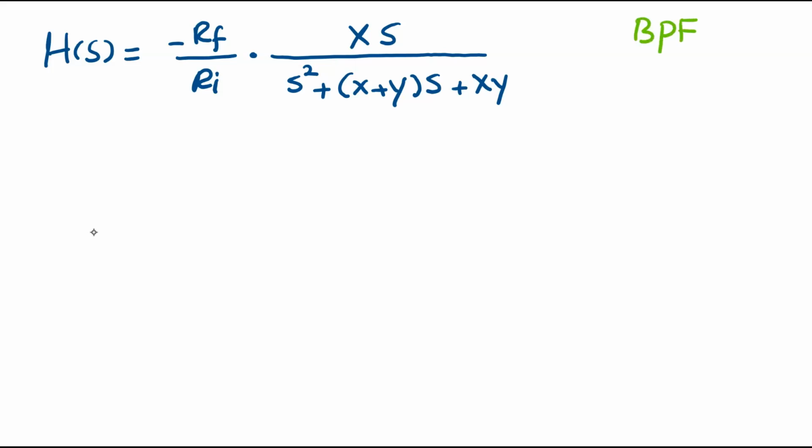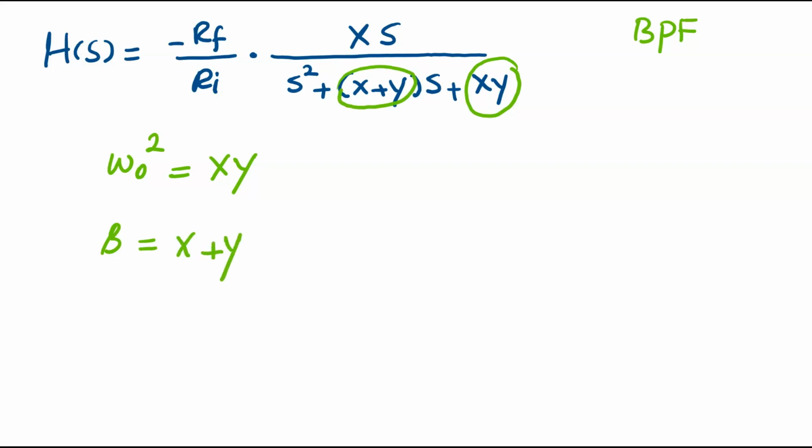Now, according to the transfer function, I can find the cutoff frequencies. If I look at this transfer function, I know that my center frequency, or omega naught squared, is equal to x multiplied by y, and my bandwidth, which is here, is equal to x plus y.